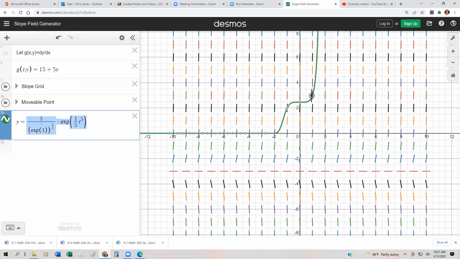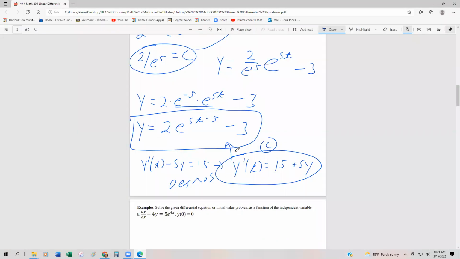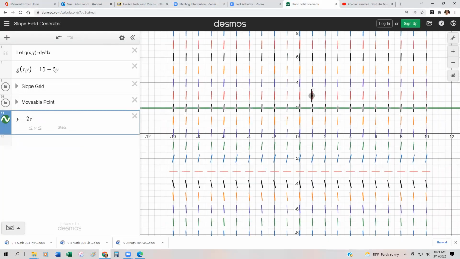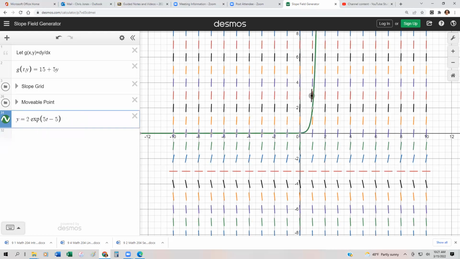And this was an old one that we had from a previous example. So not all that interesting of a slope field. All right. And recall that our solution was going to be 2e to the 5t minus 5 minus 3. All right. So if we substitute that back in, so we have 2exp 5t minus 5 minus 3.